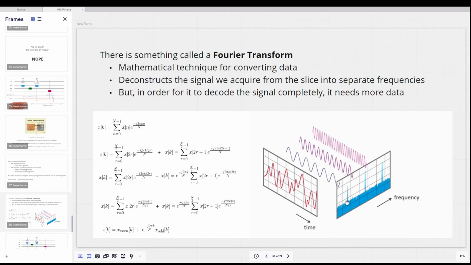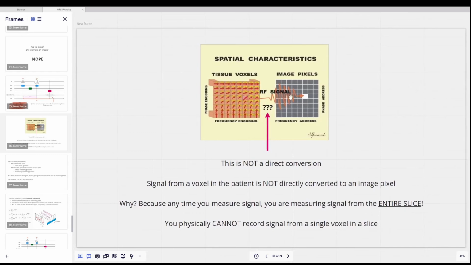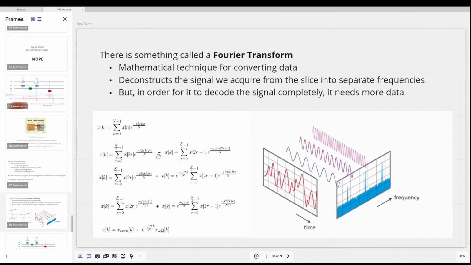And so you can see here it's separating it out into different frequencies. You can imagine that if you plotted those frequencies, you could line them up in the order that they are here, and you could start to figure out where those were coming from in space. So Fourier transform, why do we use it?